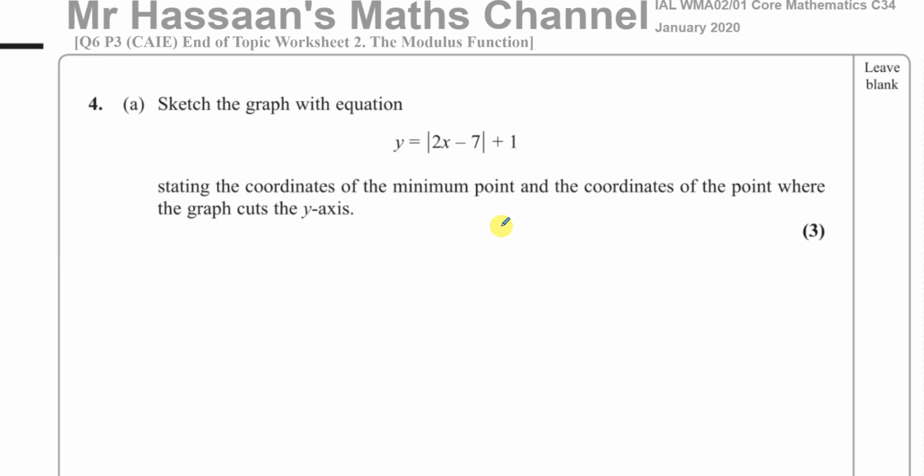The first thing to understand is that when they ask you to sketch a graph, in your mind you should picture what type of graph it is. Is it linear, quadratic, cubic, reciprocal?